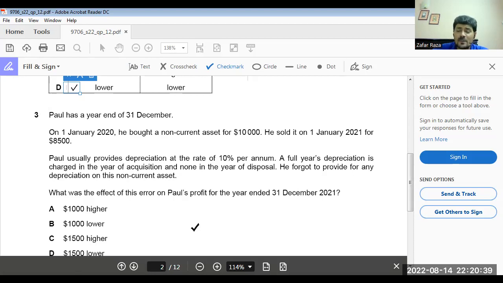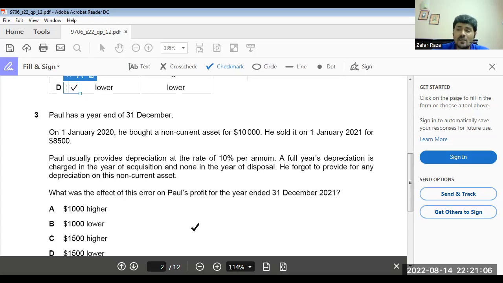Now in 2021, when he's selling the machine, he's not going to charge depreciation. So the book value in year 2021, suppose if he had taken the depreciation, the book value would have been 9,000, and the loss would be only 500.